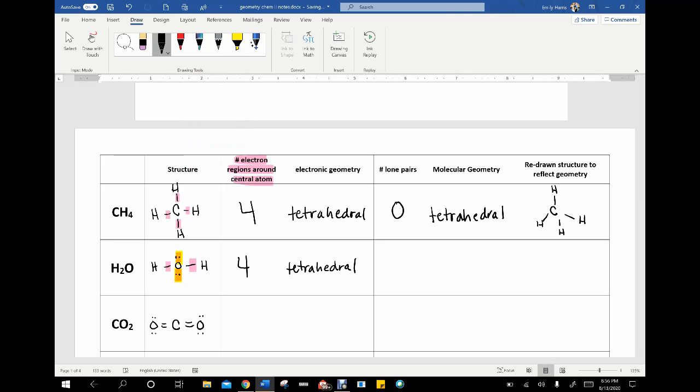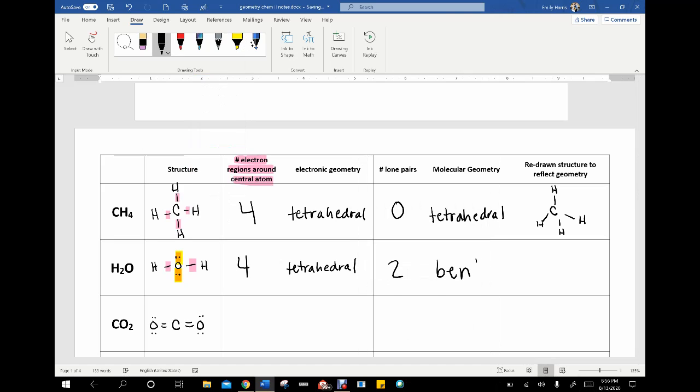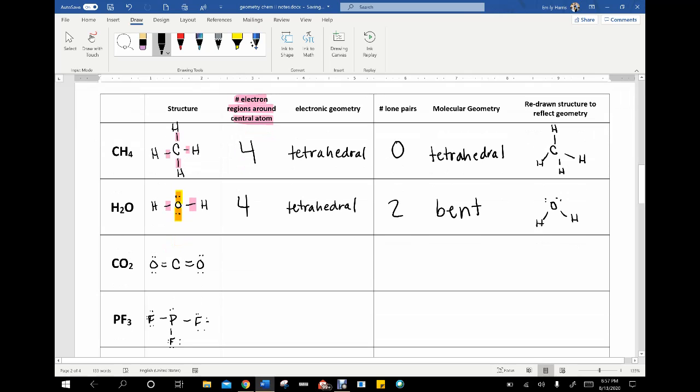And so those lone pairs are going to repel more, and so the overall molecular shape of the bonds will not be tetrahedral, but rather bent. 2 bonds that are being pushed down form a bent V shape. So when we redraw our water molecule, we want to draw those hydrogen bonds as if they're being pushed down or bent.